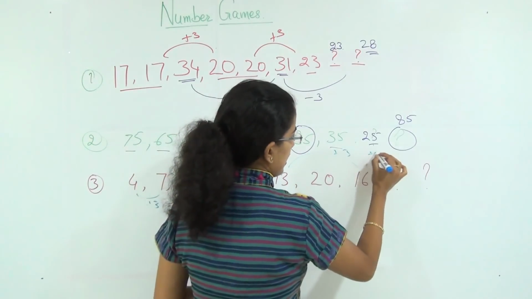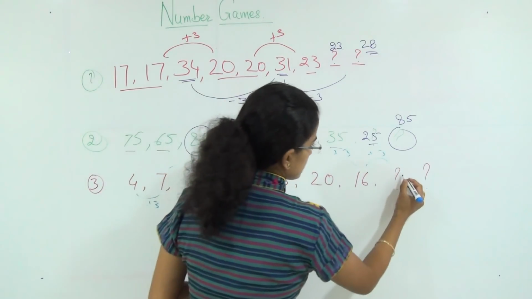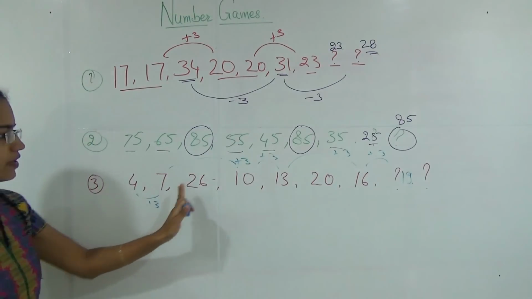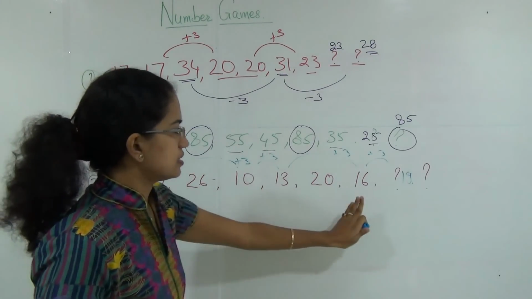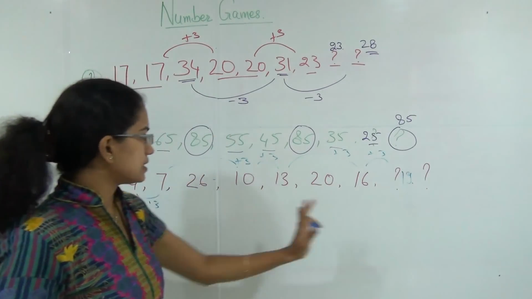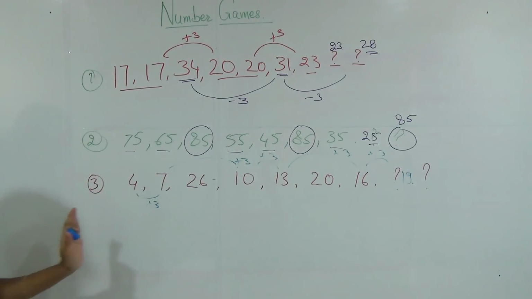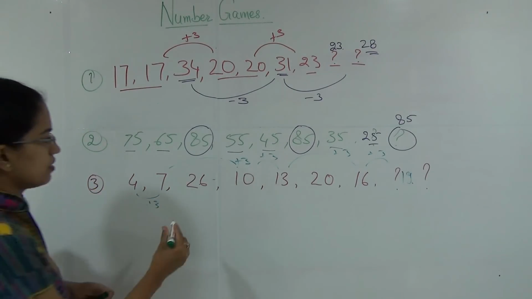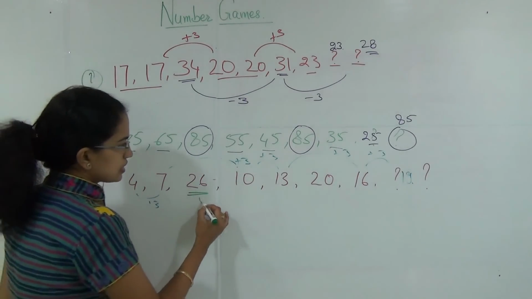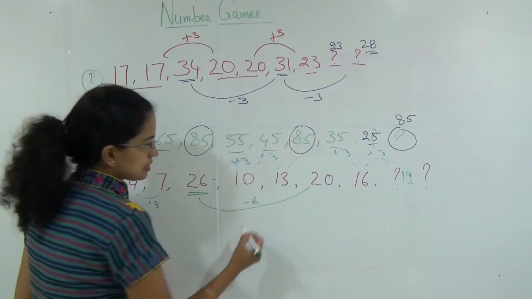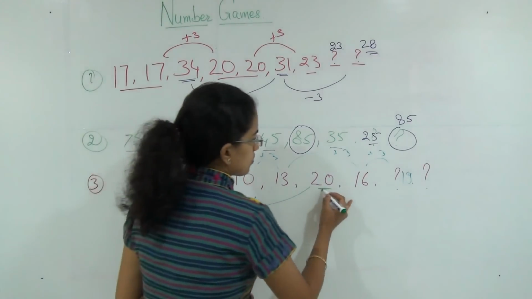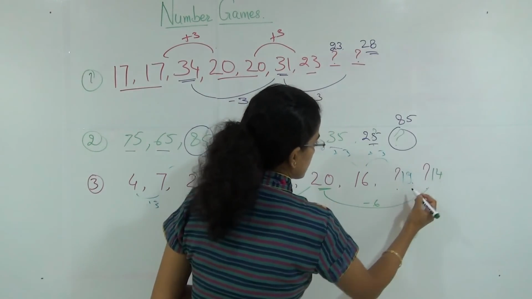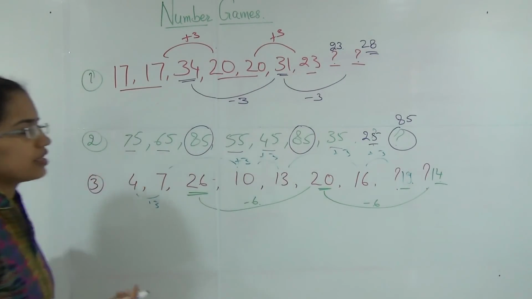Then I will again add 3. So after 16 it should be 19. So it's 4, 7, 10, 13, 16 and 19. That is the sequence we are following. And for the other sequence, which is an alternate series question, it's 26 minus 6, that's 20. So it would be 20 minus 6 and the answer would be 14 here. So the two numbers are 19 and 14.